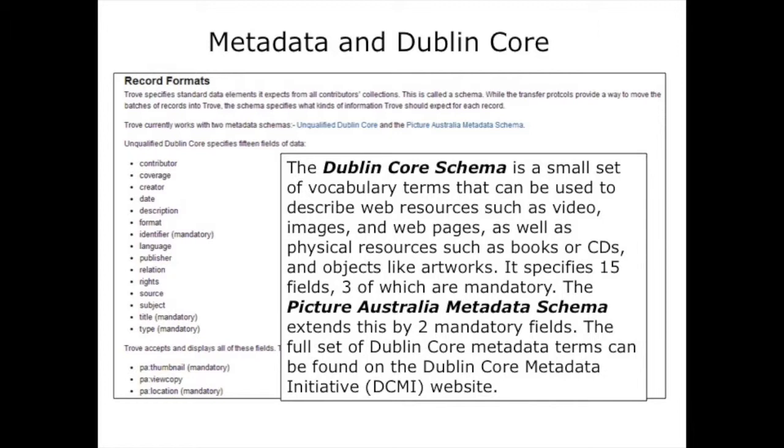The Picture Australia metadata schema extended this by 2 mandatory fields. Picture Australia was recently absorbed into Trove, and all new contributors now must use a modified version of Dublin Core that includes the mandatory fields from the Picture Australia metadata schema. The full set of Dublin Core metadata terms can be found on the Dublin Core Metadata Initiative website.